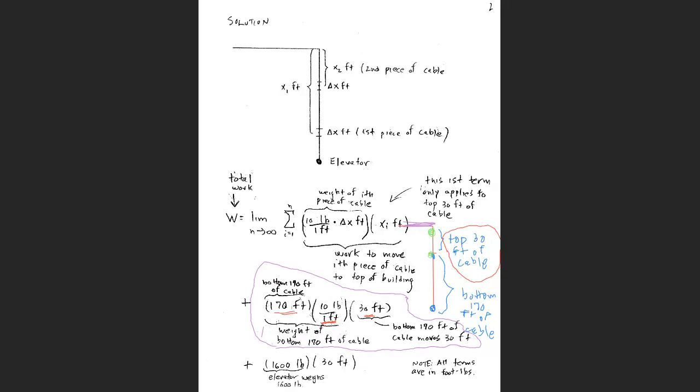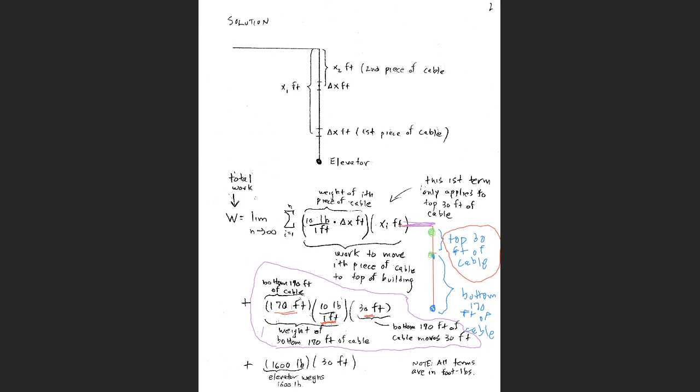Professor, what I'm asking is, how do we know that the top is 30? Like, how do we know it's 30 and not 20, for example? Well, because the distance that the elevator moves is 30 feet. If the distance that the elevator moved was 40 feet, then you would use 40 feet of top cable. Right. Good question.